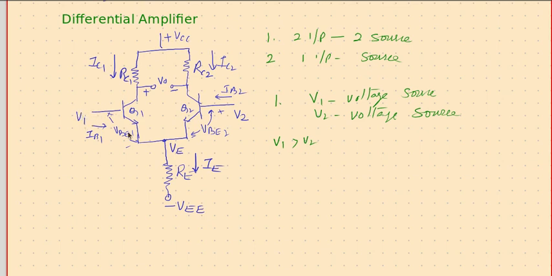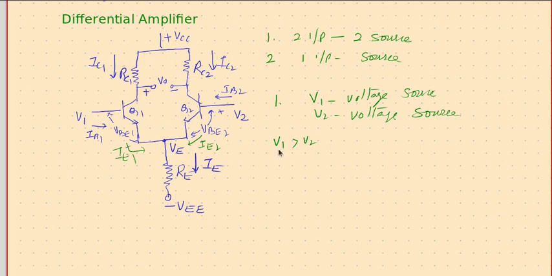V1 produces a base current IB1, V2 produces base current IB2 for some voltage VE here. V1 will produce IB1, IB1 will produce IC1, and that will produce an IE1. V2 produces IB2, IB2 produces IC2, IC2 plus IB2 becomes IE2, and the sum of these two should be equal to IE, that is to be maintained constant.